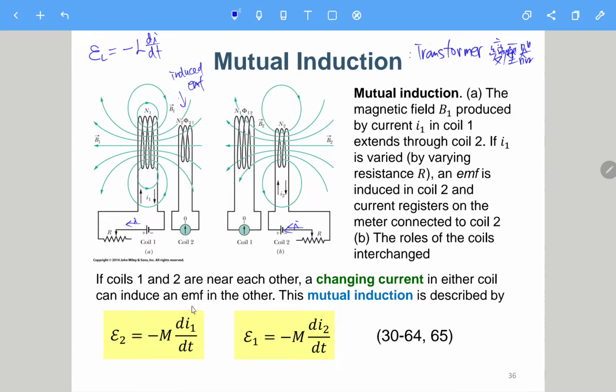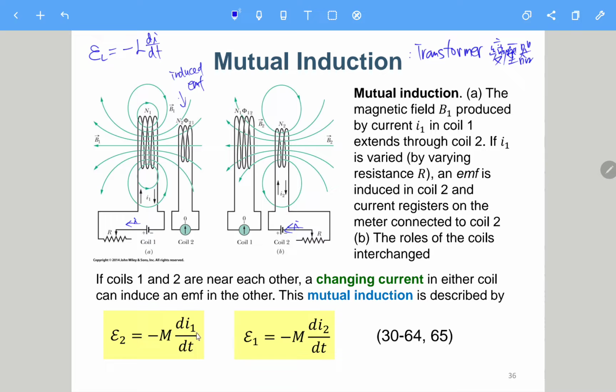If we have the current going through the first coil, and it is changing, then rather than using L for the inductance, we use M to stand for the mutual inductance, and the EMF is generated in the second coil.